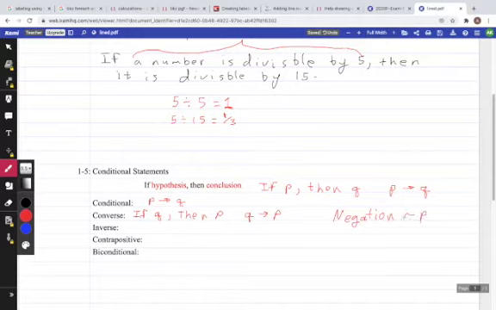So this would be the negation of the hypothesis, and really all it's saying is not P. So our inverse we could write as not P implies not Q. Our contrapositive we could write as not Q implies not P.